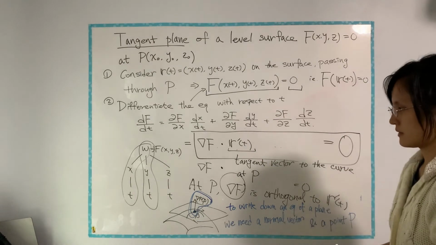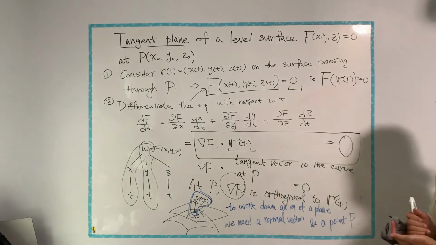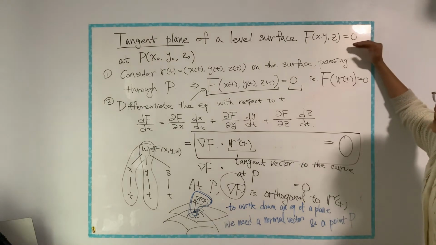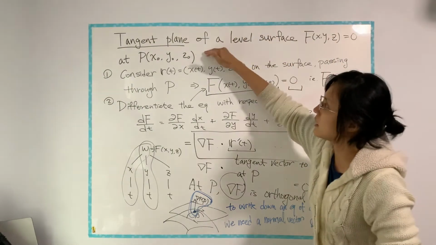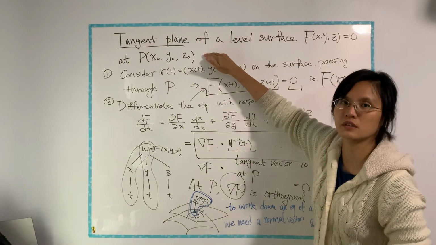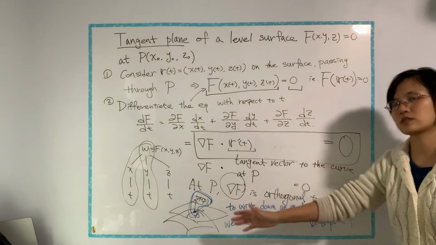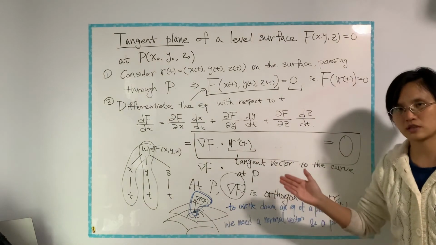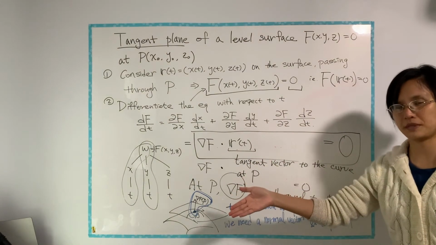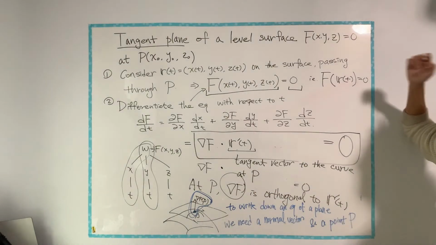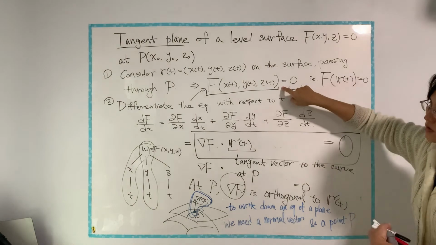Then we're good. Okay? So before I erase this, I want to summarize what we have so far. Starting from a given surface and a given point, I say, think about an arbitrary curve that's sitting on the surface and passes through the point P. Then we differentiate this equation with respect to t.